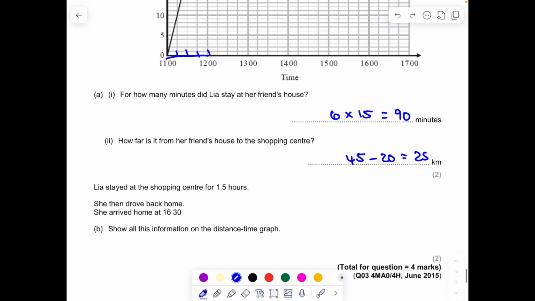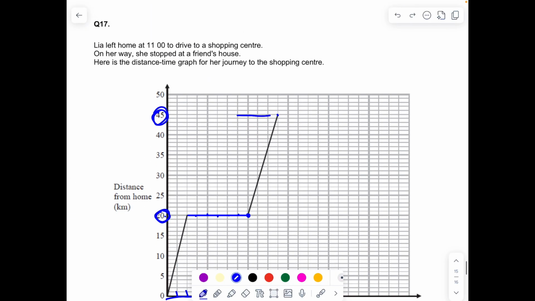Sorry. So what was it? An hour and a half. So half an hour is 2 squares. Then another half an hour, that's an hour. And then 15 minutes and another 15 minutes.